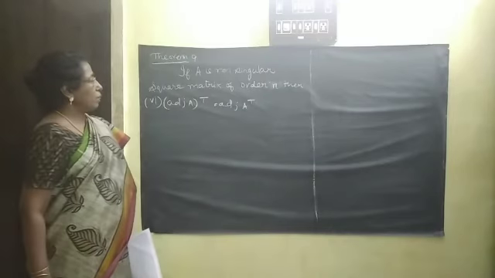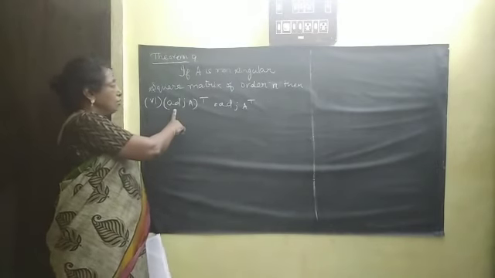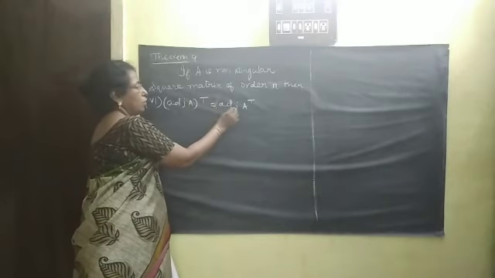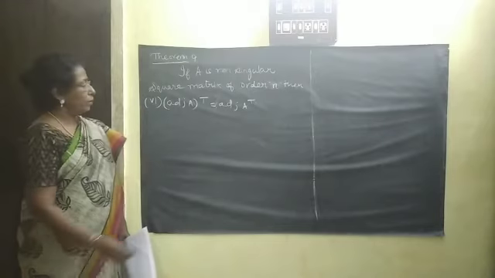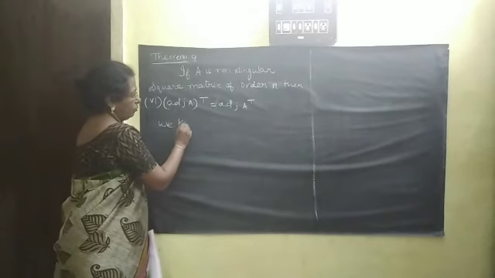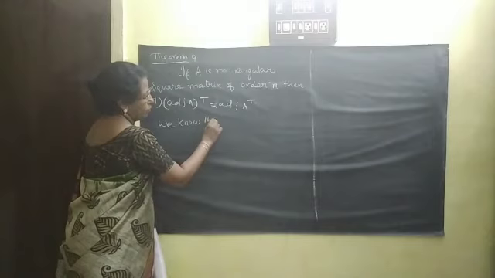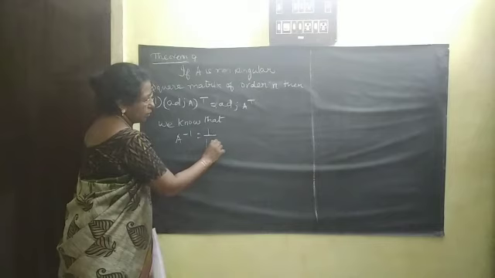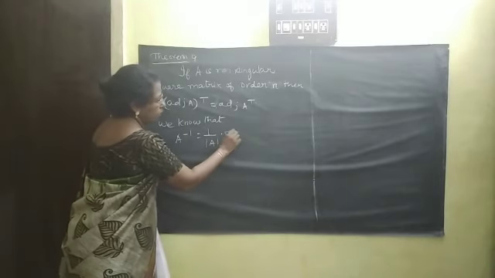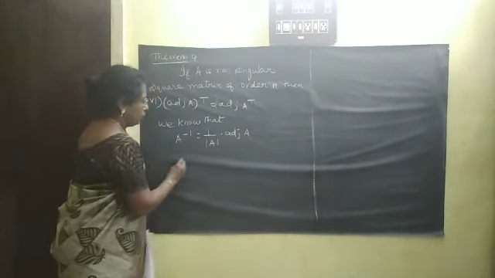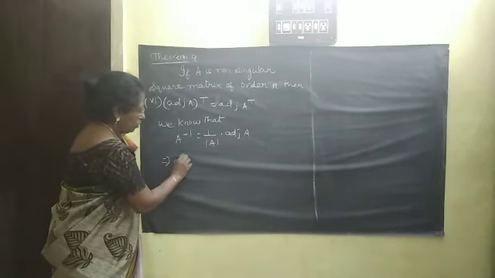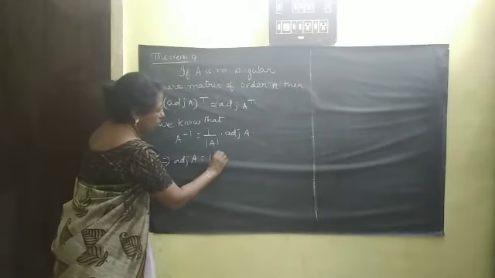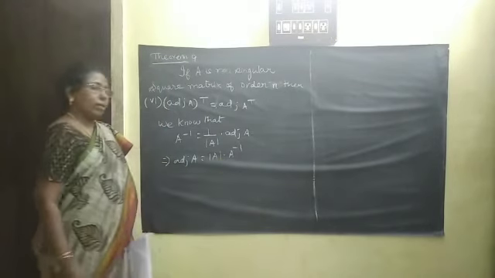If A is a non-singular matrix, then adjoint of A transpose is equal to adjoint of A, the whole transpose. We know that A inverse is equal to 1 by determinant A into adjugate of A. From here, adjugate of A is equal to determinant A into A inverse.